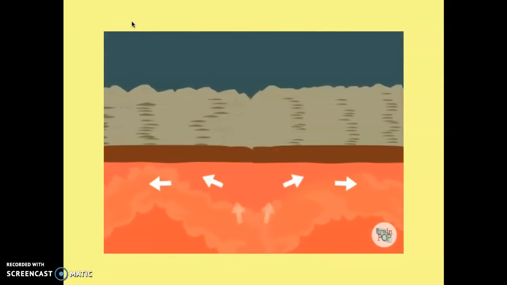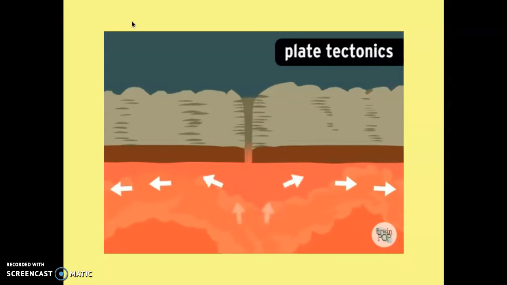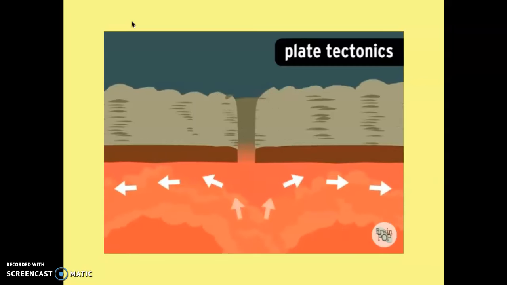A similar process is driving the mantle, and it pulls the plates along with it. This movement of the plates by convection currents in the mantle, that's called plate tectonics. And this is the engine which is driving the constant transformation of our planet's surface. Now, plates have been moving around on the surface like this for millions and millions of years.